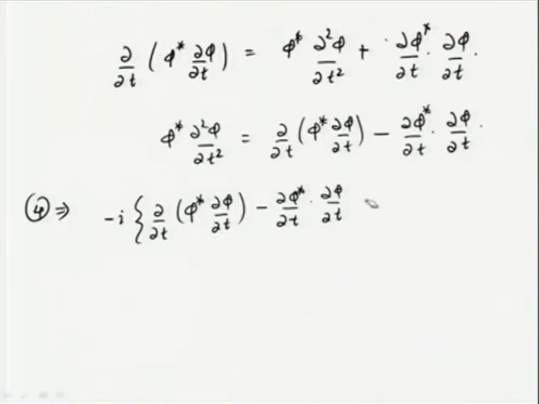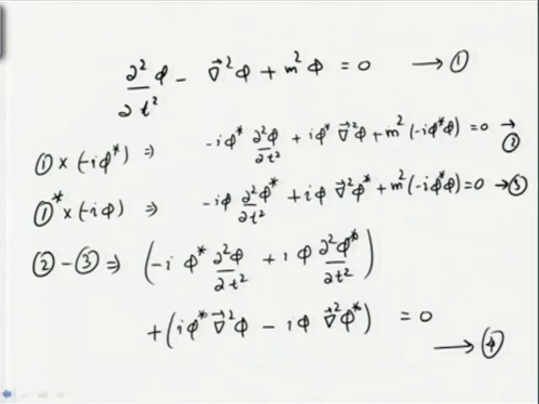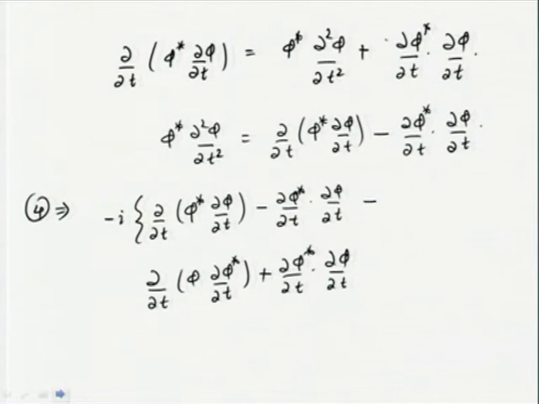So there is a minus sign there because minus i is taken out, and we have again phi ∂phi star/∂t, minus of minus, plus ∂phi star/∂t ∂phi/∂t. So this is the first term in equation 4.